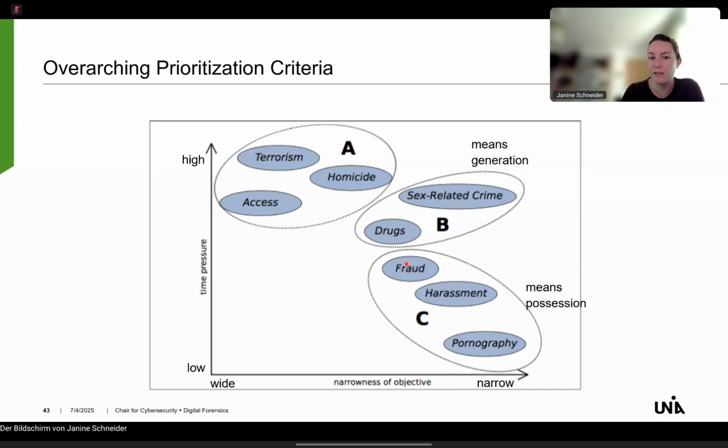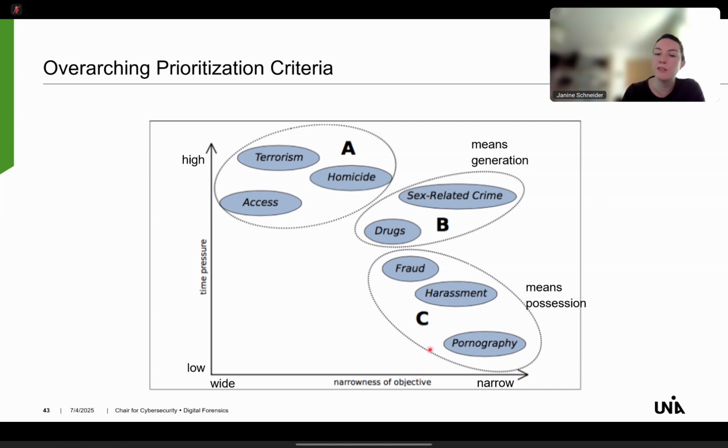And then we have the cases where the time pressure is rather low, but the objectiveness is narrow, and this is fraud, harassment, and pornography. So it means possession, not generation. For example, with child pornography generation, the time pressure would be much higher because you might want to get these children out of the harmful situation, and you want to get them out as fast as possible.